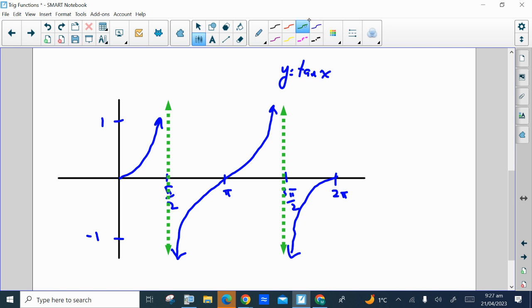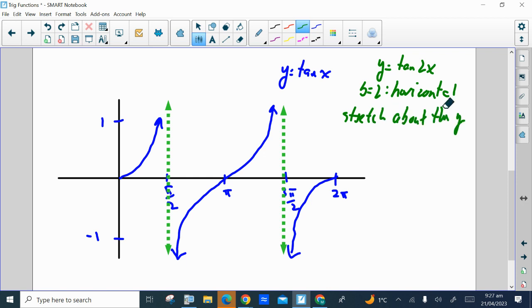Now, for y equals tan 2x, that's a b-value of 2, which is going to cause a horizontal stretch about the y-axis by a factor of a half.